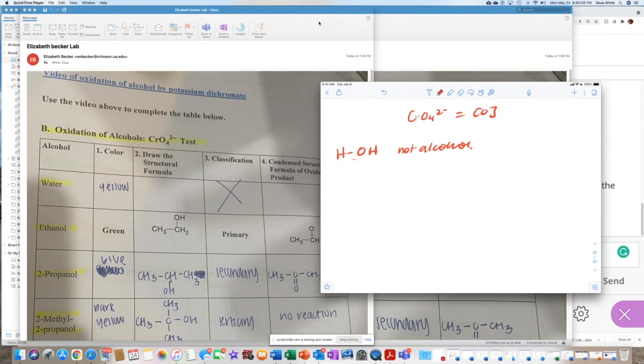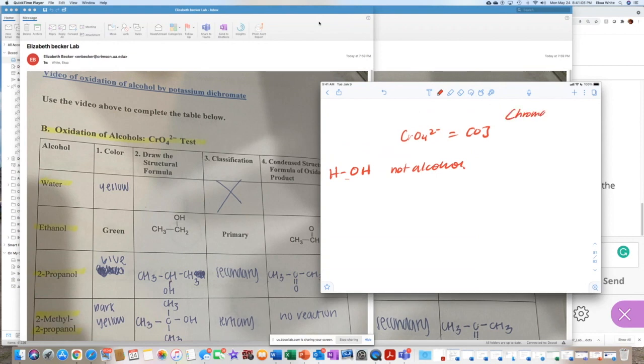So the part that will change will be the chromate ion, right? So chromate ion right here changes from yellow to green. Okay? So when it changes to green, you know that oxidation took place.